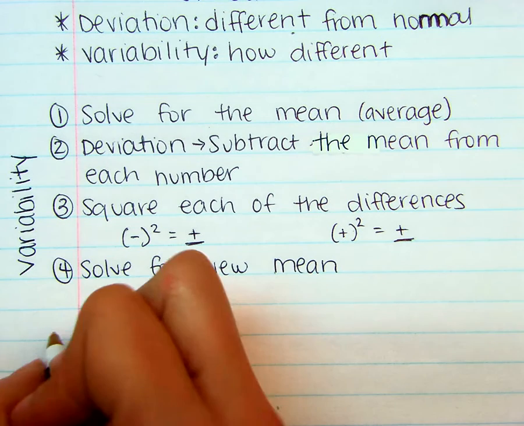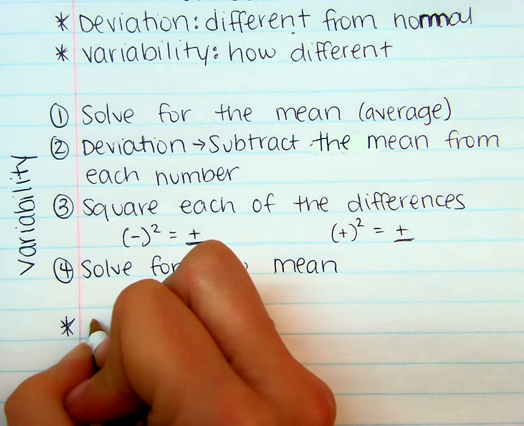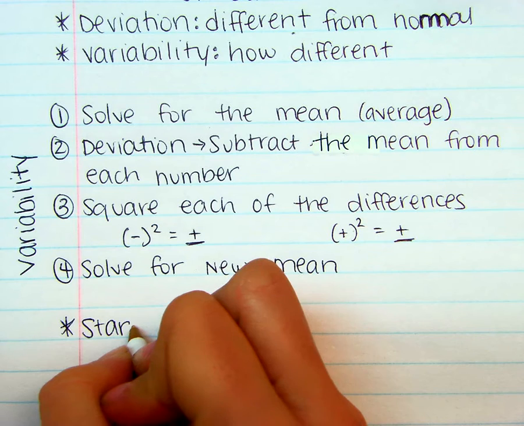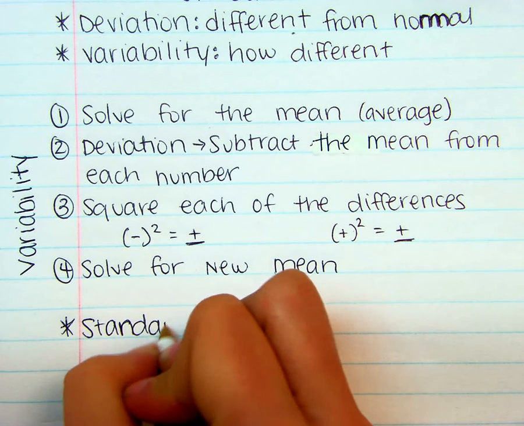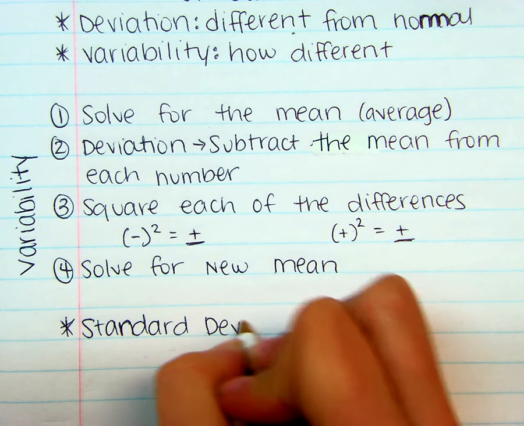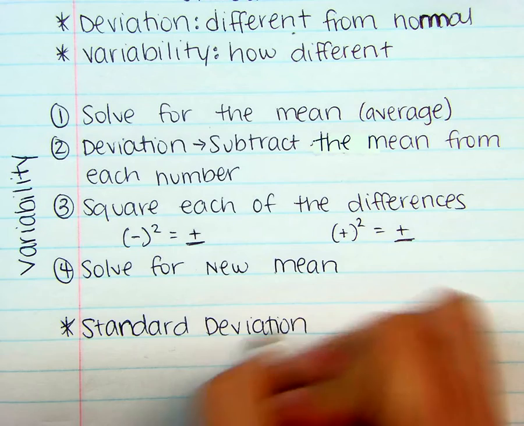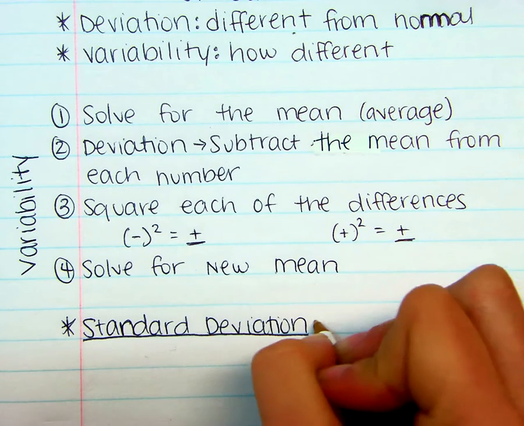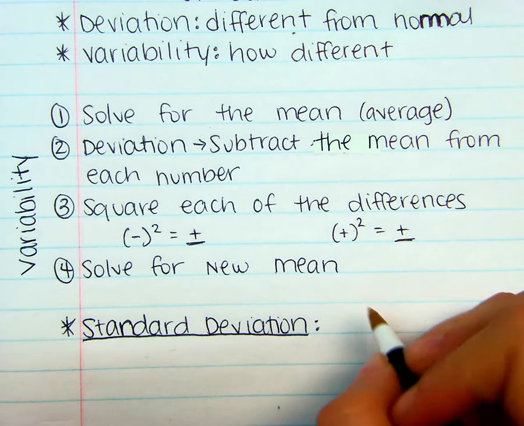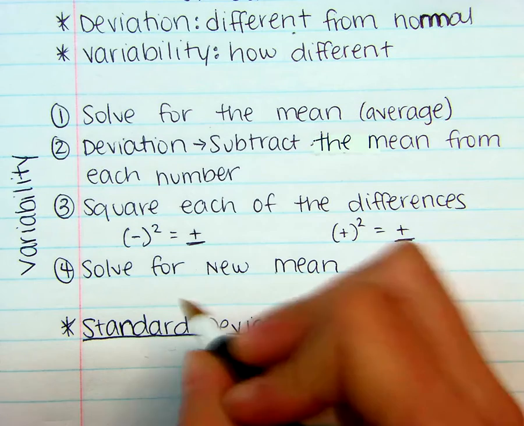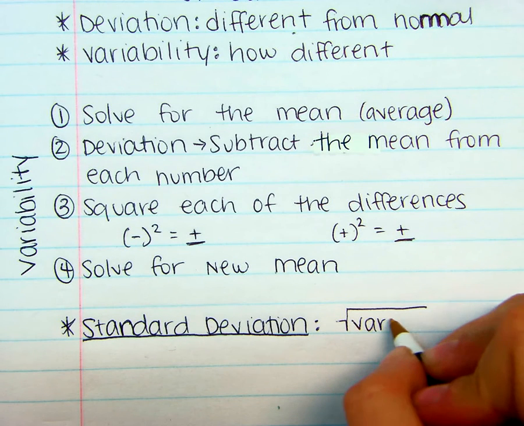In order to find standard deviation, which is the whole topic, you have to take the square root of the variance or the variability.